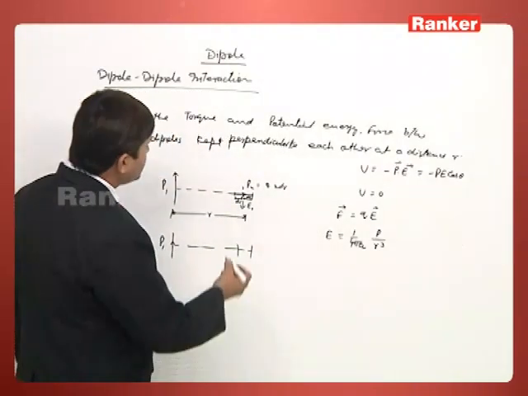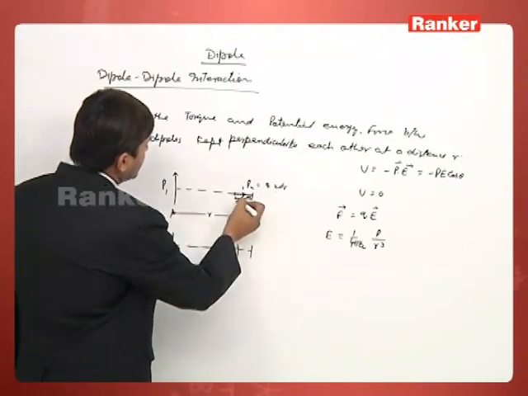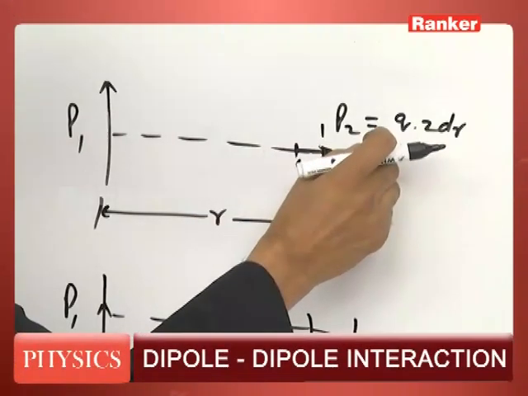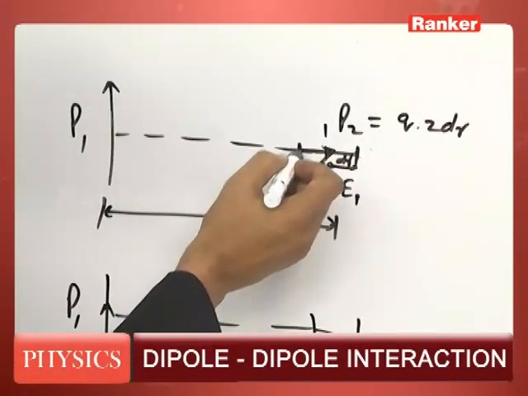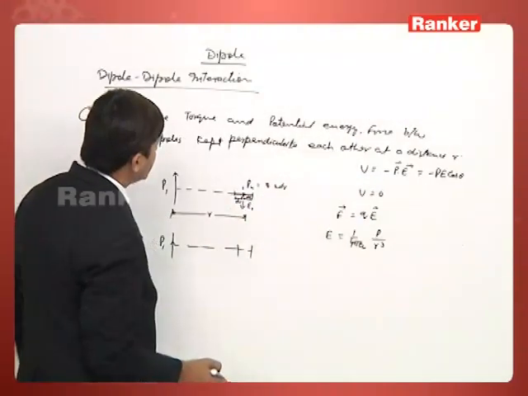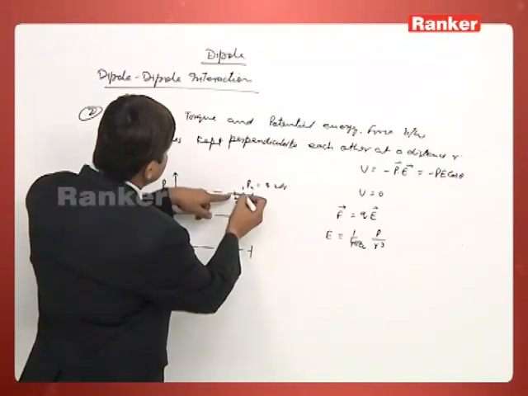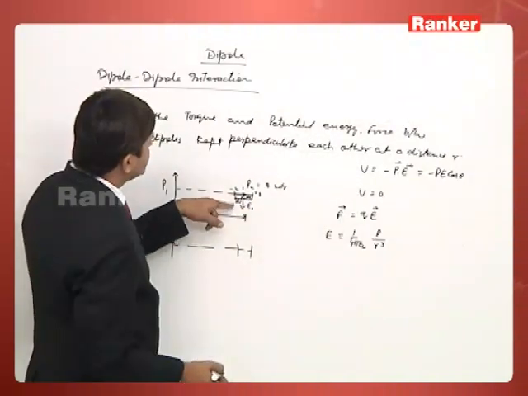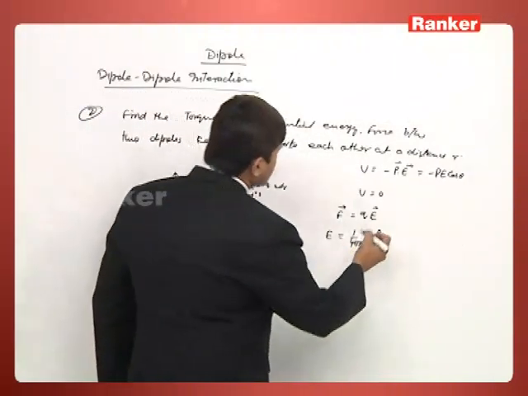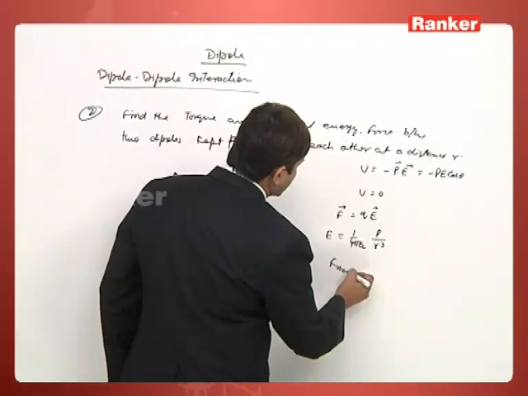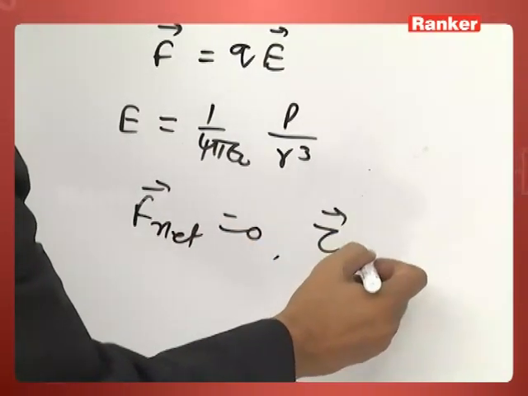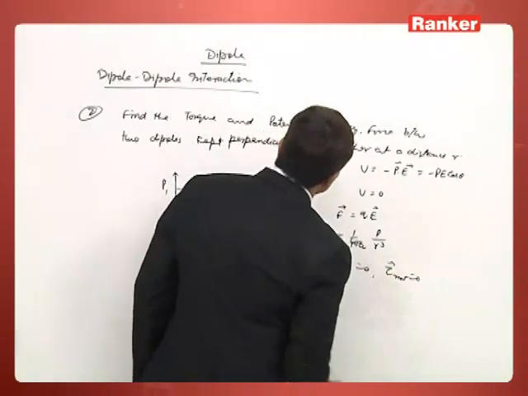But if we see the forces here, this is a very small distance, this is also a very small distance, so the forces on this and this will cancel each other, because the dipole has minus q here and plus q here. So the net force will be 0 and net torque will also be 0 in this situation.